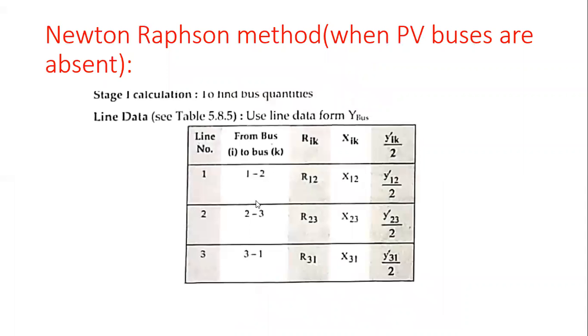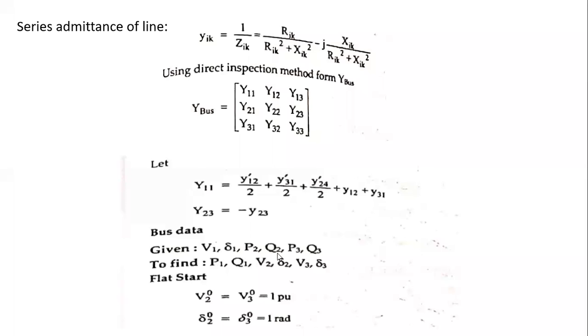When the PV bus is absent, taking bus 1 as the slack bus, bus 2 and bus 3 are considered as PQ buses. In the PQ buses, the known terms are P2 and Q2, and P3 and Q3, and the terms to find are V2, delta 2, V3, delta 3.